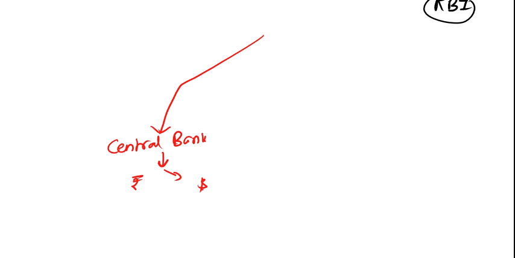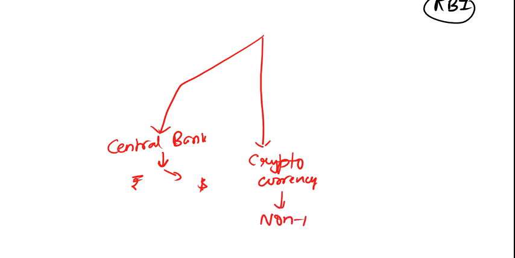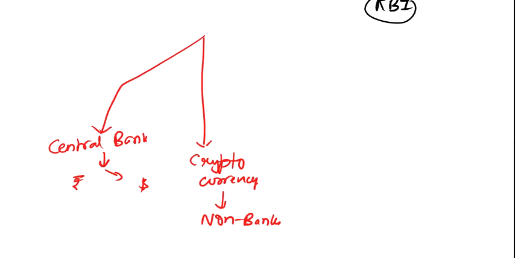These currencies are all issued by the central bank of the respective countries. Then we have cryptocurrency, issued with the help of blockchain technology, and these are issued by non-banks.